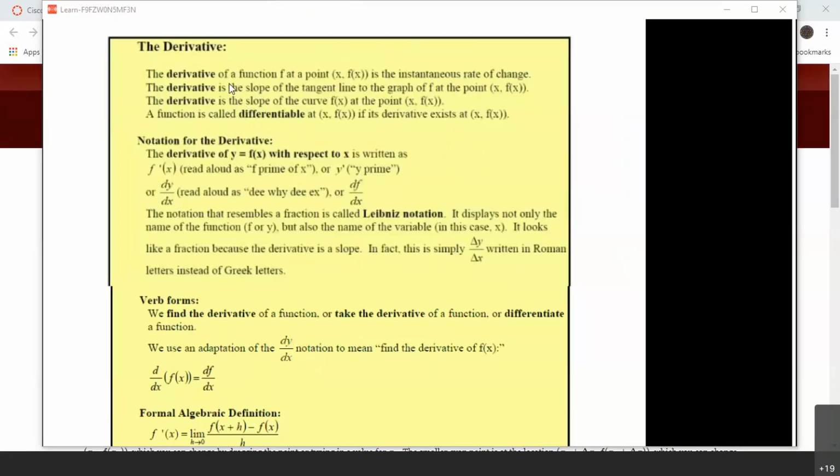So again, I'm trying to show you how all this stuff fits together. All right, so here are a couple of different notations for derivative, okay? The derivative of y equals f of x with respect to x. So again, x is your input variable, y is your output variable. You realize I could also take the derivative of v of t, which is a function velocity, with respect to time. There I'd be taking the derivative of v with respect to t. T is your input variable.